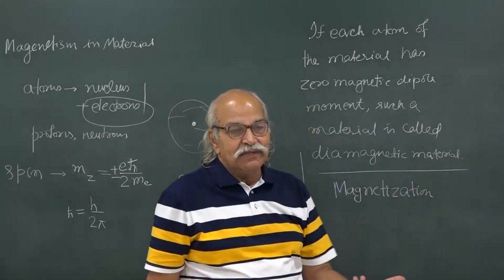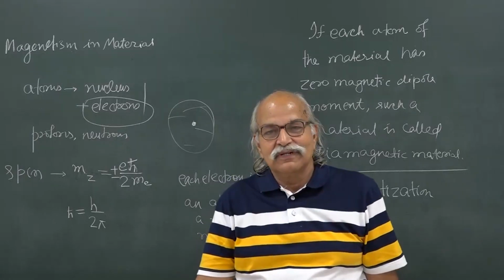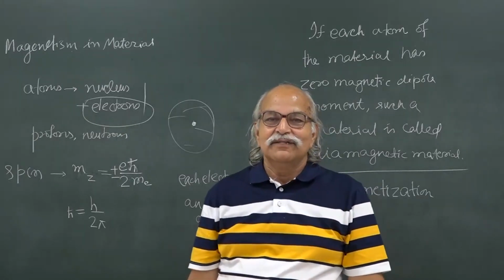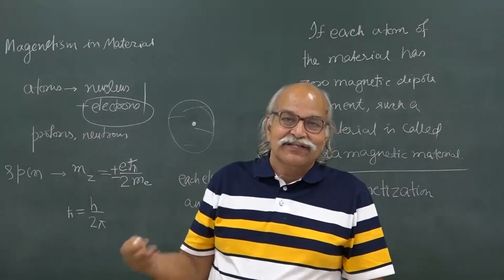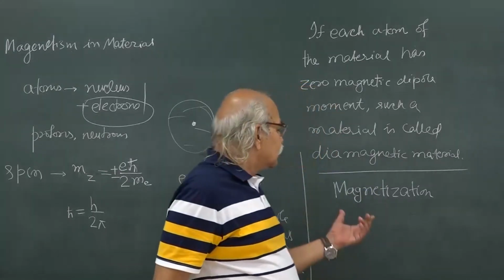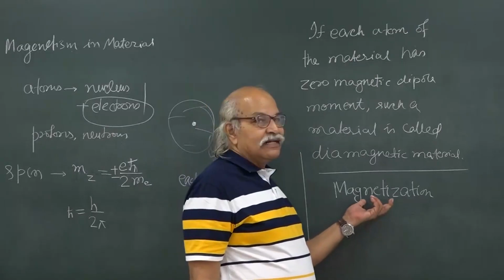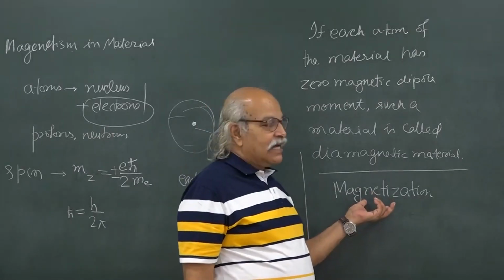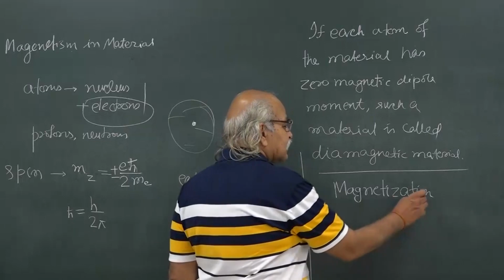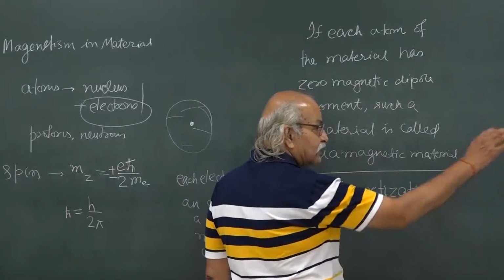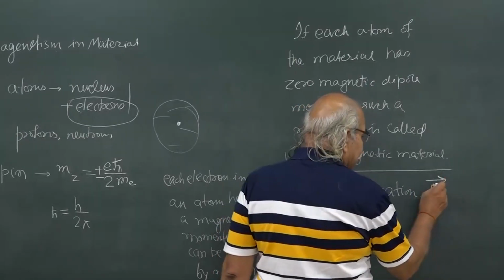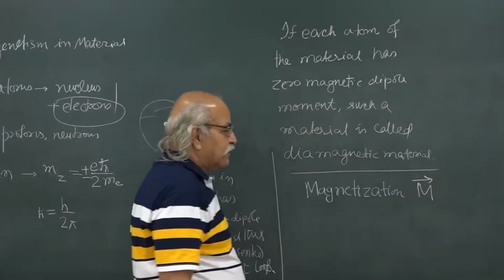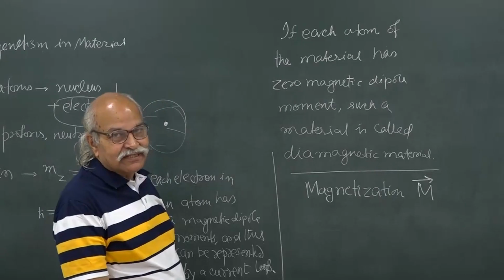In normal language, we use this word when we say this iron nail is magnetized or it is not magnetized, but magnetization is a technical word with a particular meaning. It is a vector quantity depending on space points, and we will write it as capital M vector.